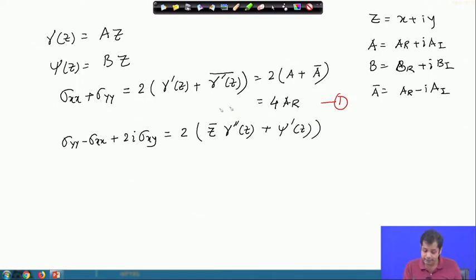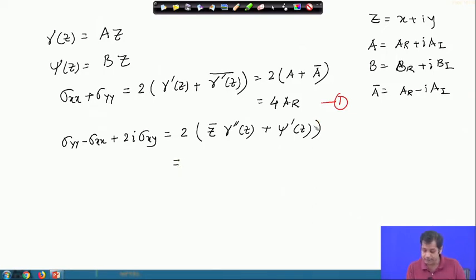So, this expression we probably did not show in the previous slide, but if you substitute the expressions of del x, del y in terms of del z and del z bar, essentially you will get an expression similar to this.